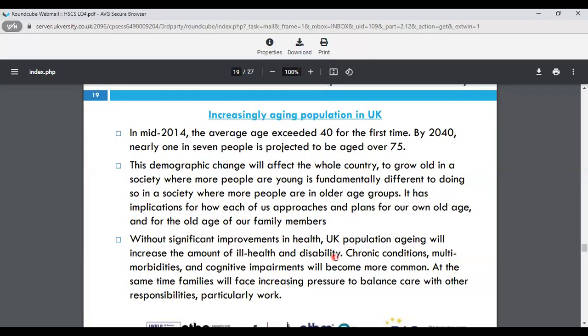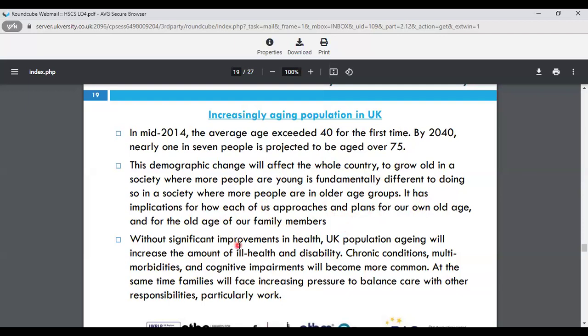Demography is the study of populations. So this will impact the whole country. Growing old in a society where more people are young is fundamentally different to doing so in a society where more people are in the older age groups. So it has implications for how each of us approaches and plans for our own old age and for the old age of our family members.